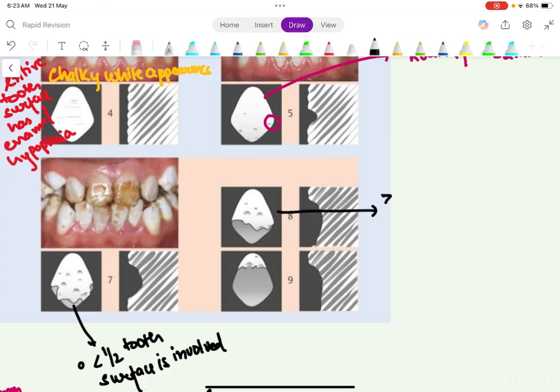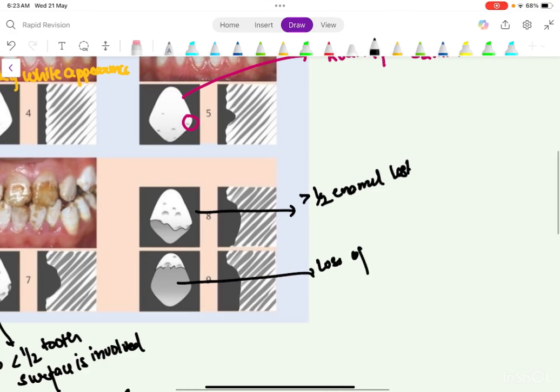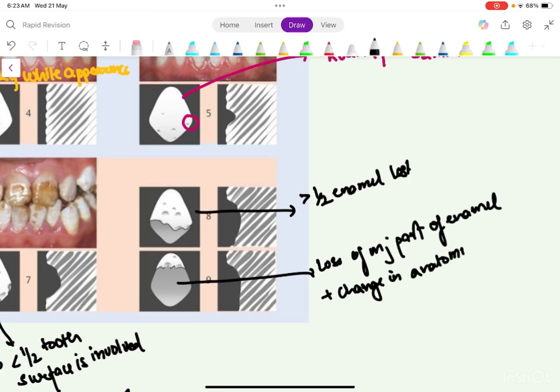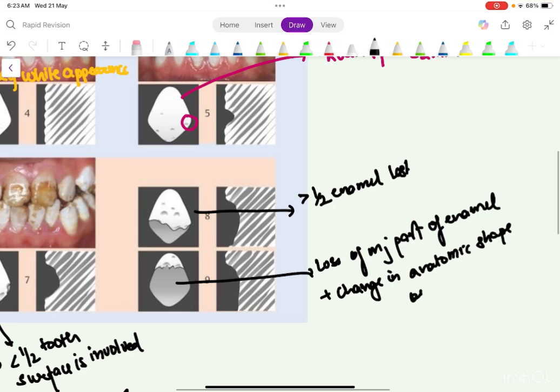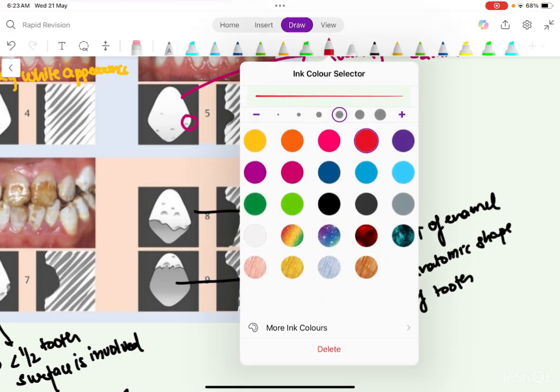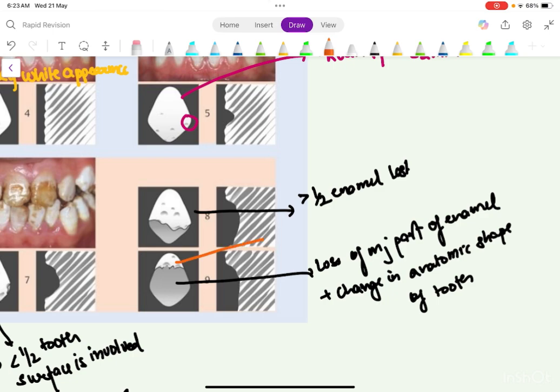enamel is lost. Now in this, more than half of the enamel is lost, and over here there is loss of a major part of enamel, plus there is change in the anatomic shape of the tooth, and the most important point is that you can see the cervical rim of opaque enamel.